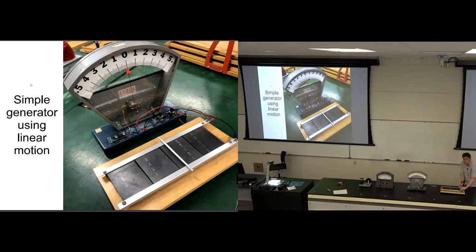But if you watch the needle carefully, so it's going to be a small movement because it's not a very good generator, we'll see the needle move as I move the rod left and right. As I move the rod left to right, I'm changing the flux through the circuit, and changing flux, according to Faraday's law, is creating this induced EMF, this induced current. So let's try that out. Anybody see it?